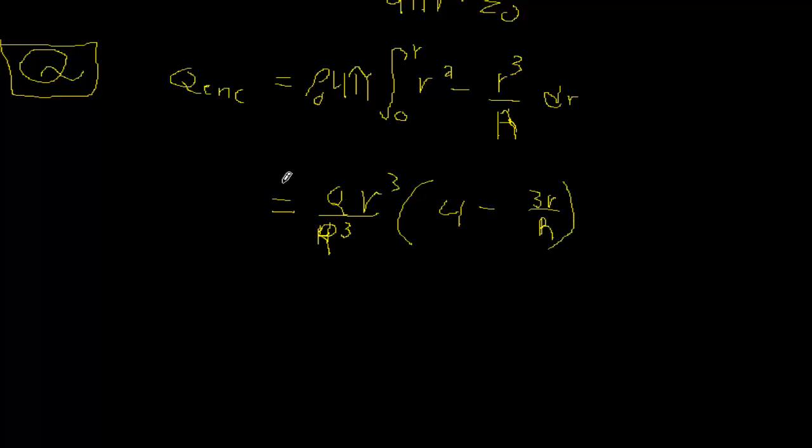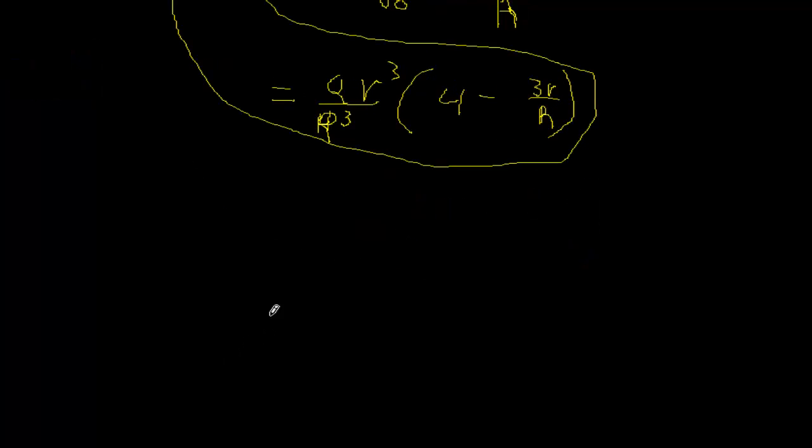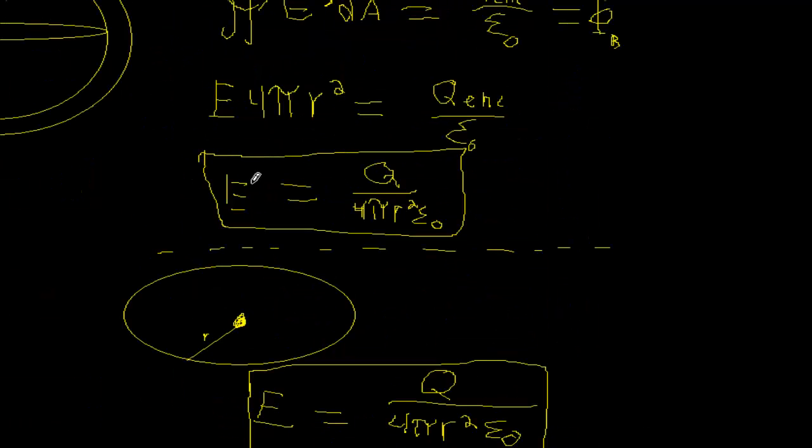And since this is our Q enclosed, we can divide this by 4 pi little r squared epsilon naught, which is going to be our electric field, as we found from this equation right here.